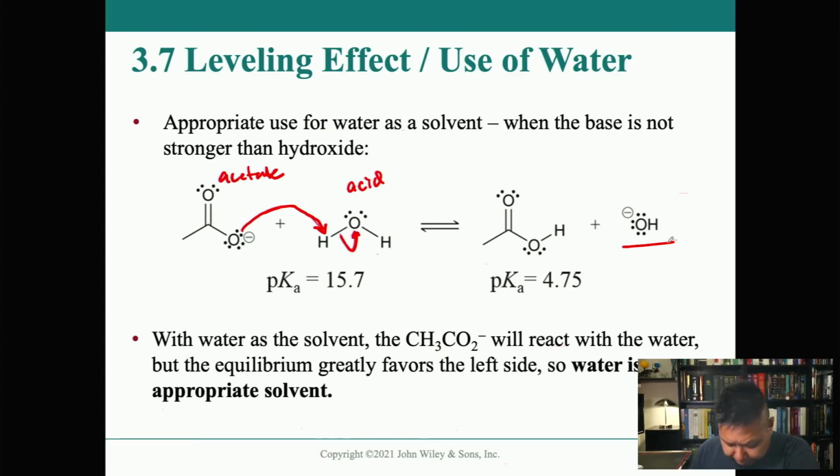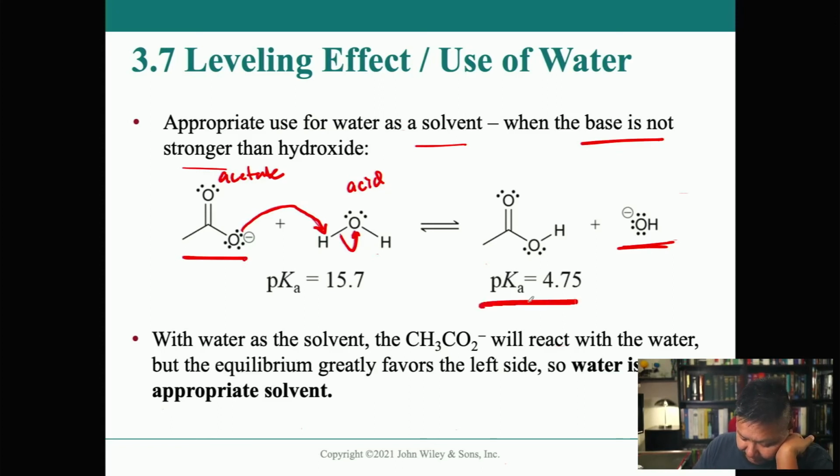So you're comparing the strength of the base to water, right? So water is appropriate as a solvent when the base is not stronger than hydroxide. The base here is the acetate ion, and the acetate ion's pKa is 4.75. I was pretty close. I said it was around 4 to 5, right?